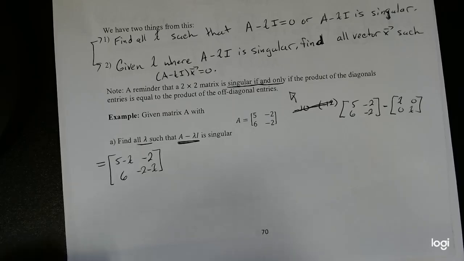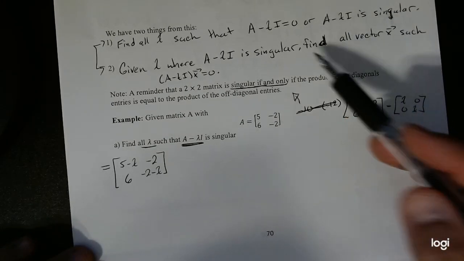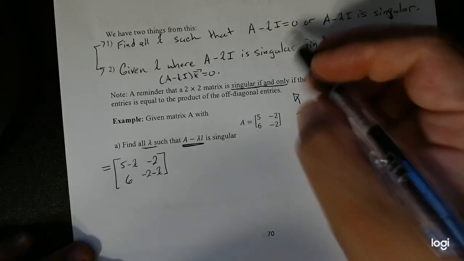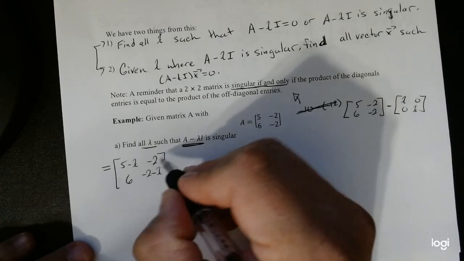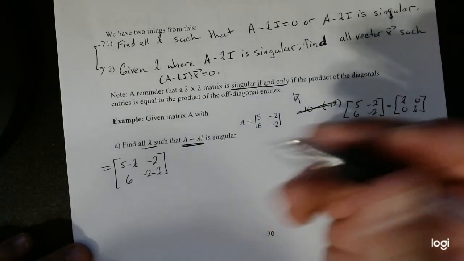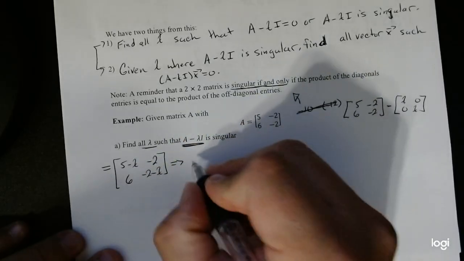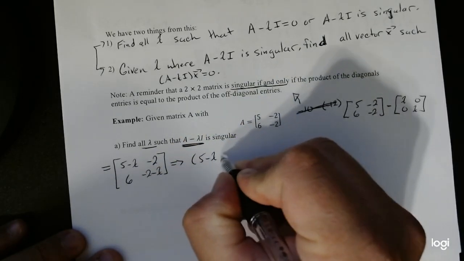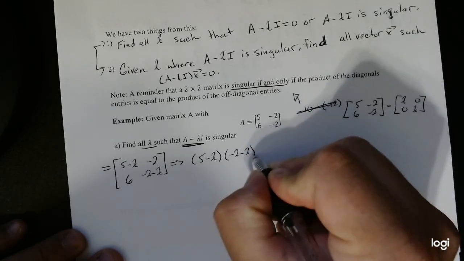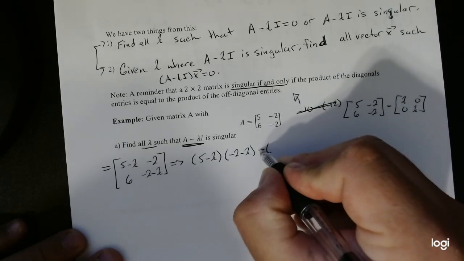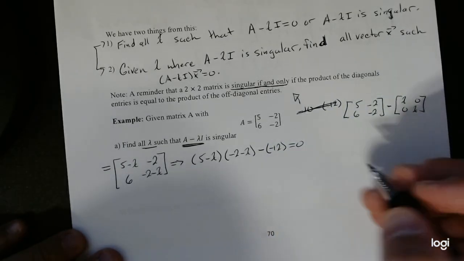Now the determinant is 0, so this times this minus that times that forces it to be 0. So we have that times that minus 12 equals 0.